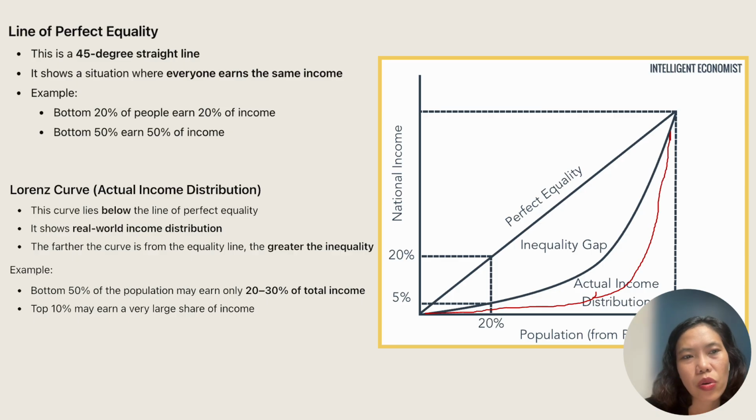So the more the curve falls below the equality line, the greater the inequality. So that's it. For example, the bottom 50% of the population may earn 20 to 30% of the total income, and the top 10% may earn a very large share of income.